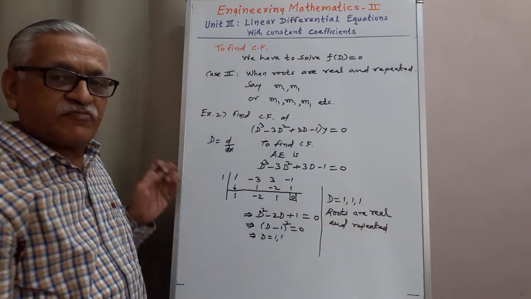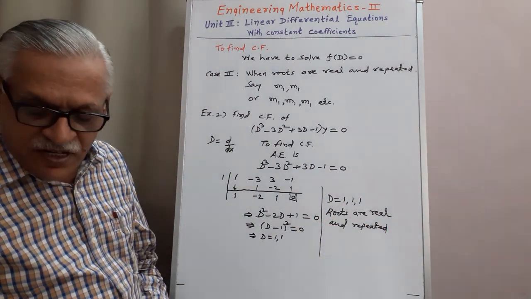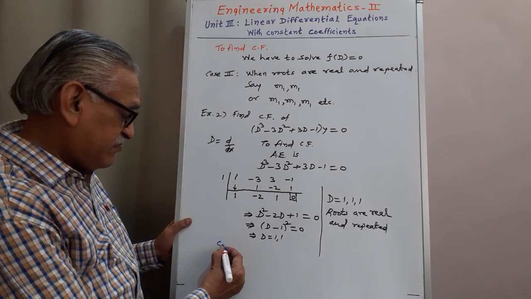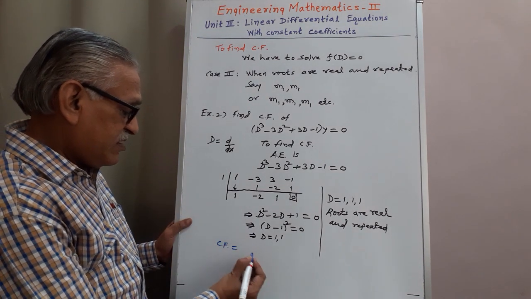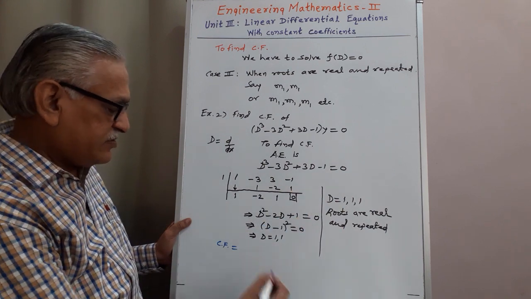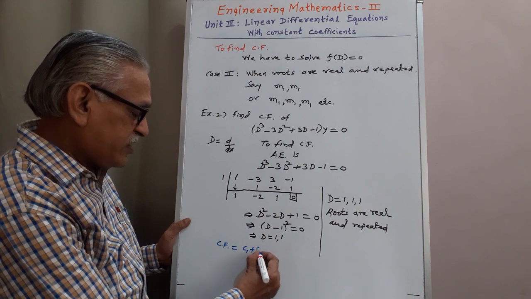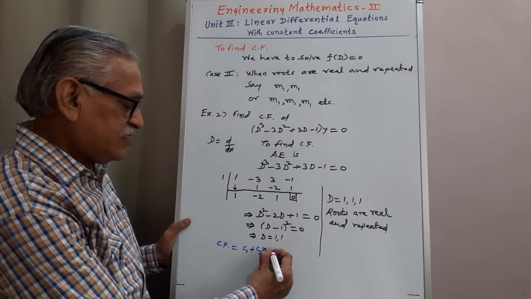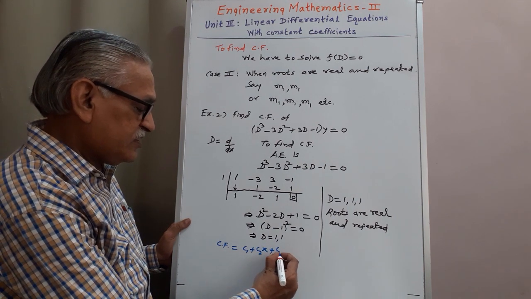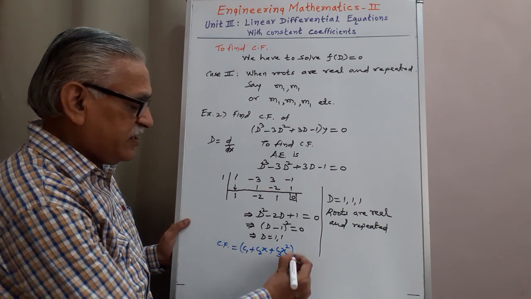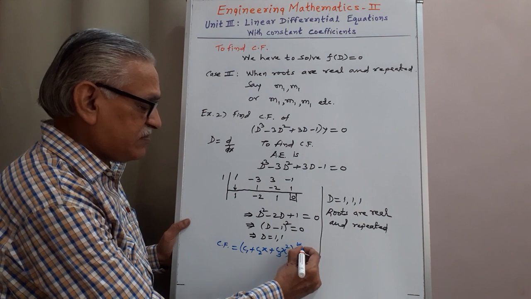Roots are m1, m1, m1. And as roots are real and repeated, the complementary function is given by, as it is repeated thrice, C1 plus C2x for the first repetition, for the next repetition C3 x square, into e raised to m1x.